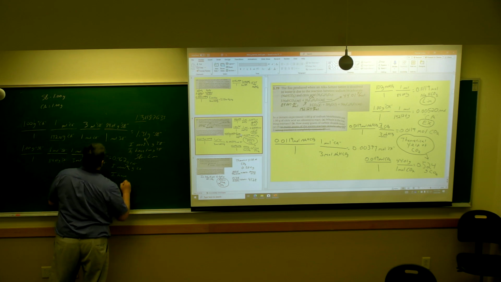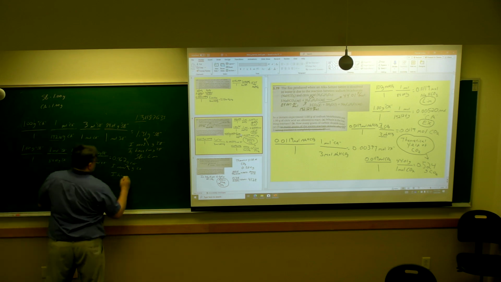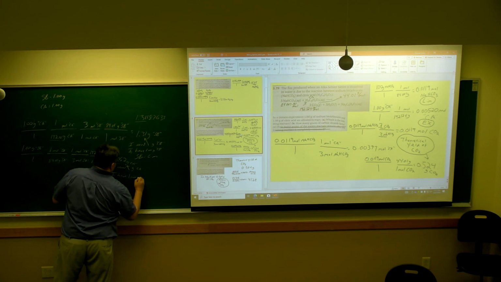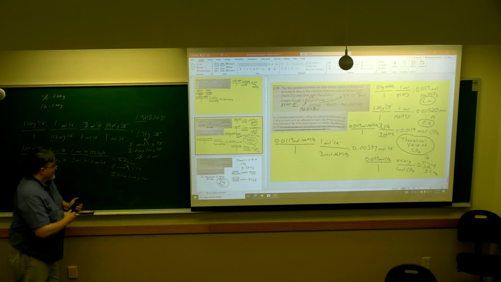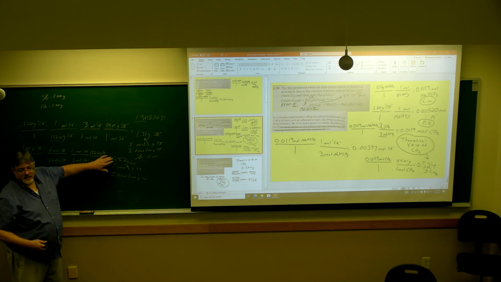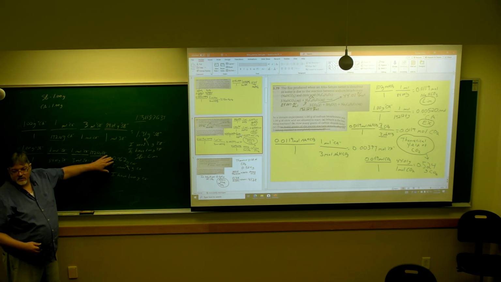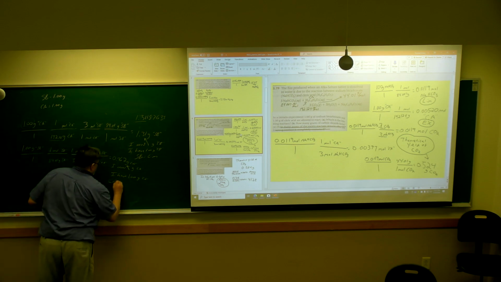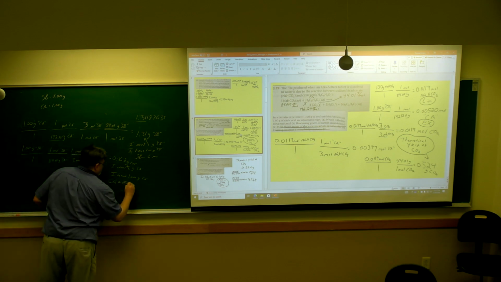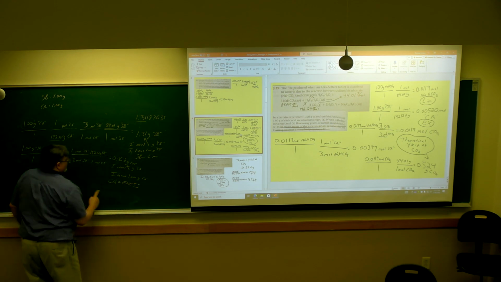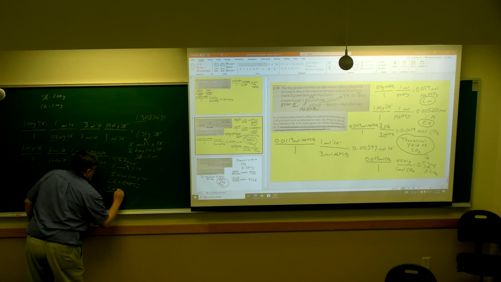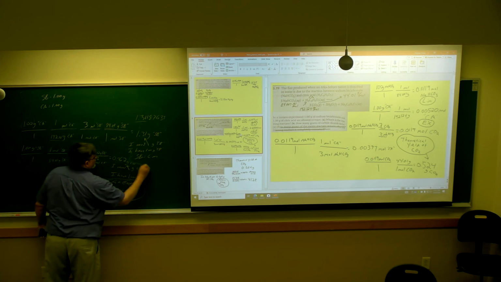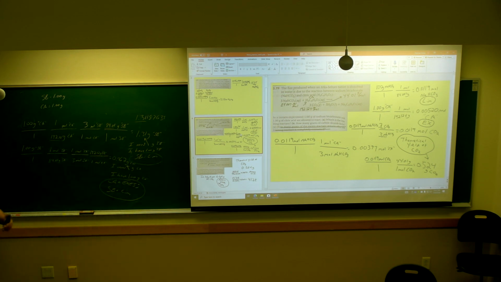I have this many grams of CA. I have more CA than I need. So the CA is in excess. Which means the other one, sodium bicarbonate, is limiting. But that's what I found before. You see?